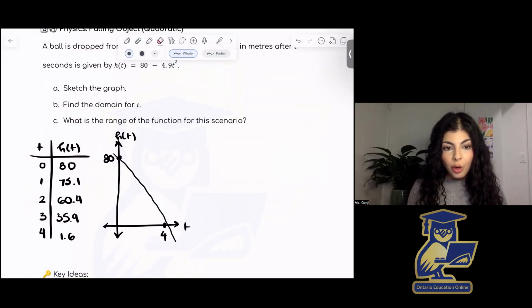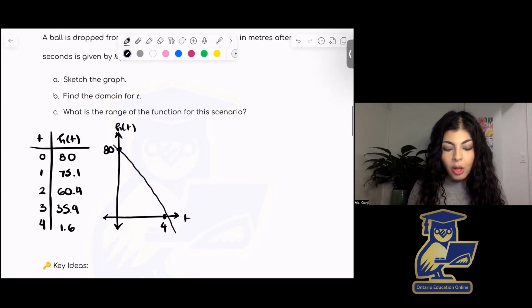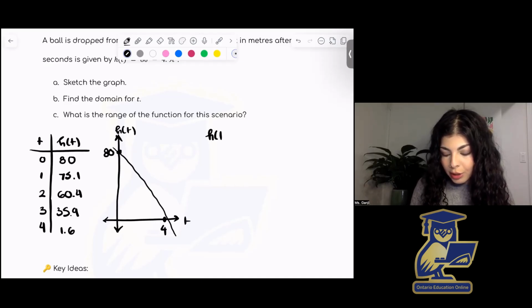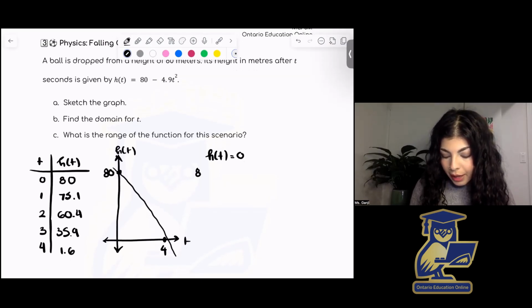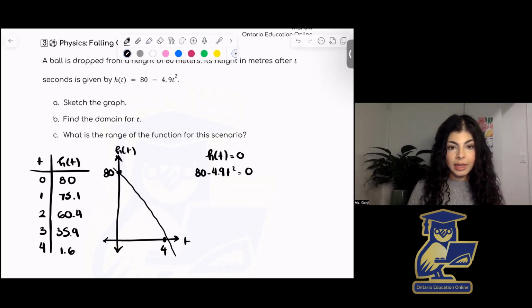So for the domain, we need to know pretty much the values of t for which the ball is in the air. In other words, we want to find out when h of t is equal to 0. And so actually here we have to use our original equation to set this as 0.